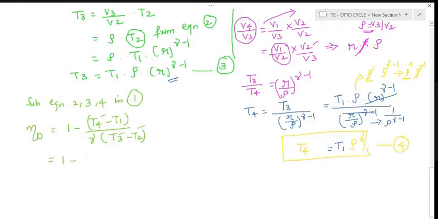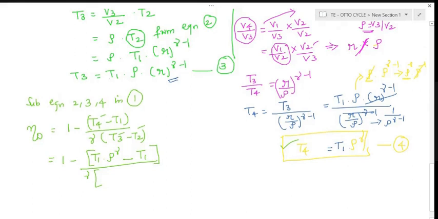So 1 minus, instead of T4, substitute equation number 4: T1 into rho power gamma, minus T1 again, divided by gamma.